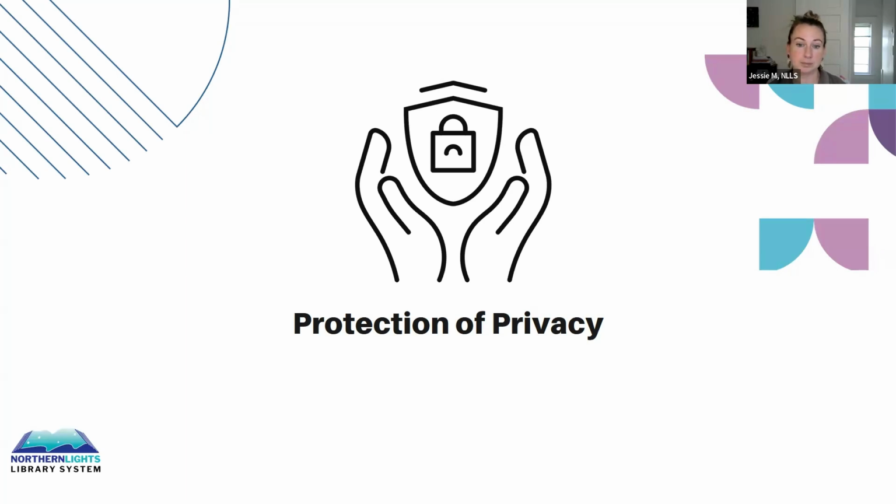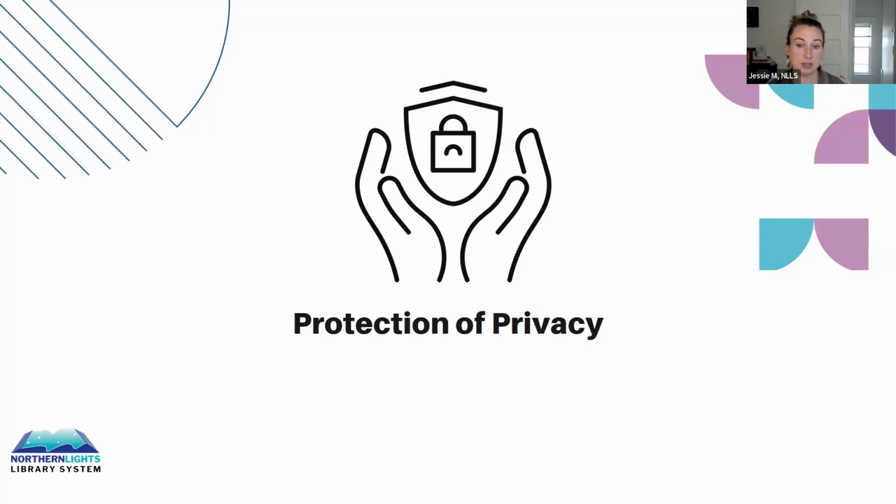And then finally, when disclosing information to third parties, public bodies should use confidentiality agreements to ensure that the third party handles the information appropriately and is in compliance with FOIP.